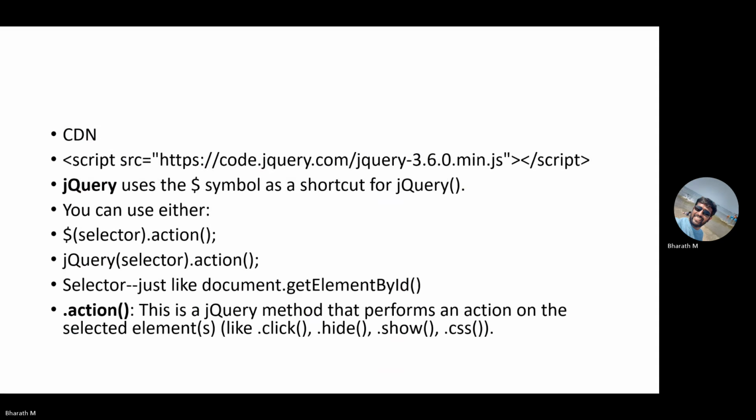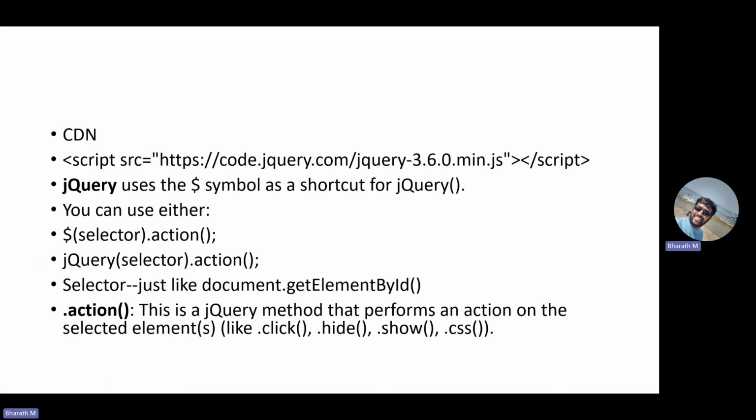And as I mentioned, this jQuery uses dollar symbol as a shortcut for jQuery. You can either use dollar or jQuery, it's left to you. Again, within this dollar selector, as we have seen in the last slide, there you will be specifying what ID you are referring and dot action.